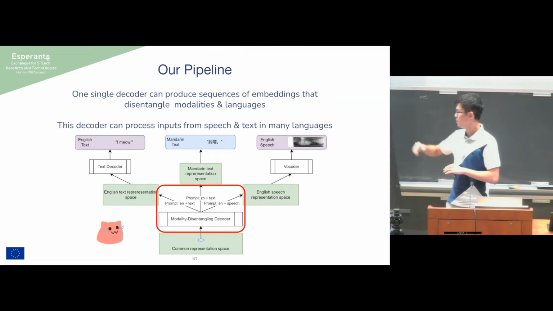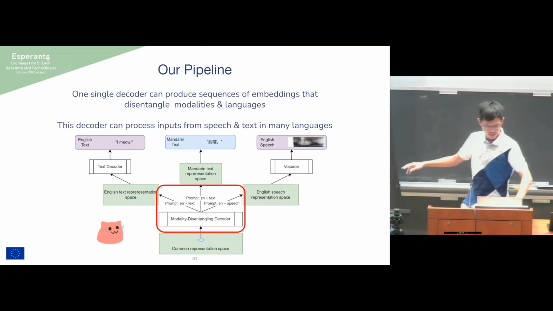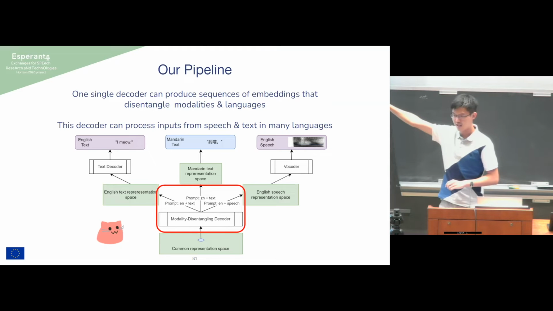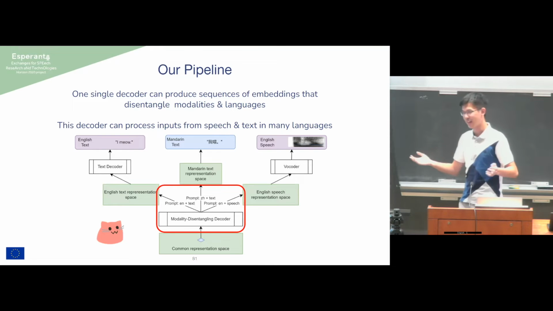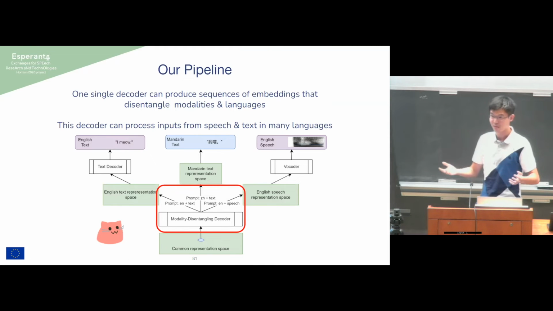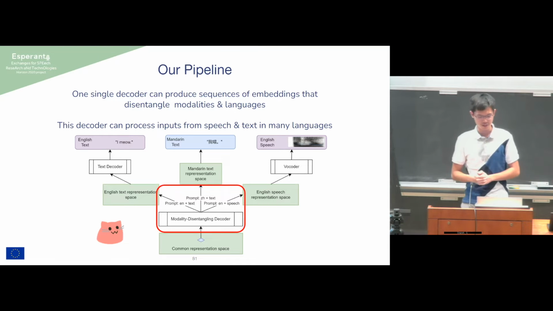So, for example, on the far left, the space that we generate English text from. In our case, we chose XLM-Roberta because we know that there are previous studies where generating text from there would be possible and in some ways easy. And the one that we chose for generating speech was XLSR for the same reason.